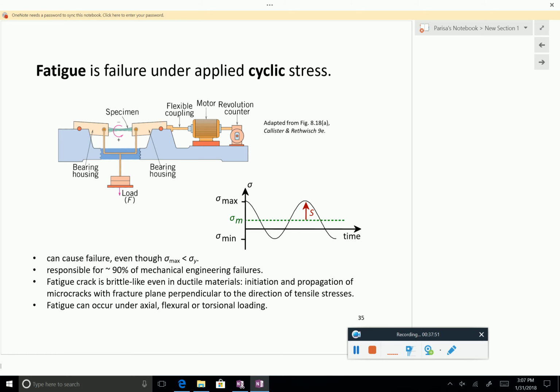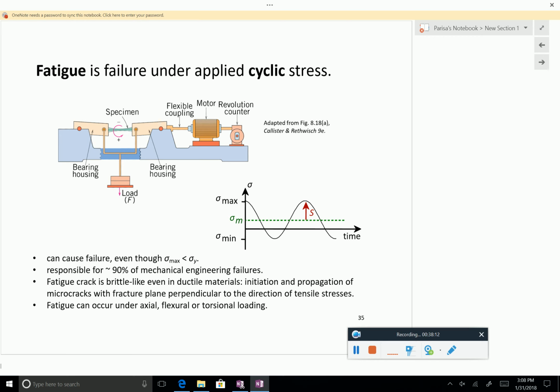How do we test for that? You typically have a coupon, and you apply many cycles of loading, and you go from positive to negative, from tension to compression, and you see when the material fails.